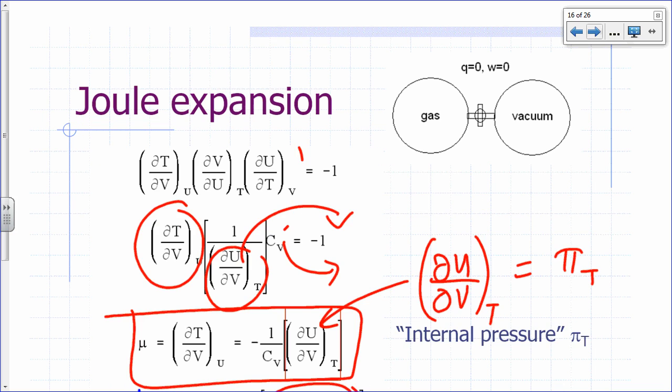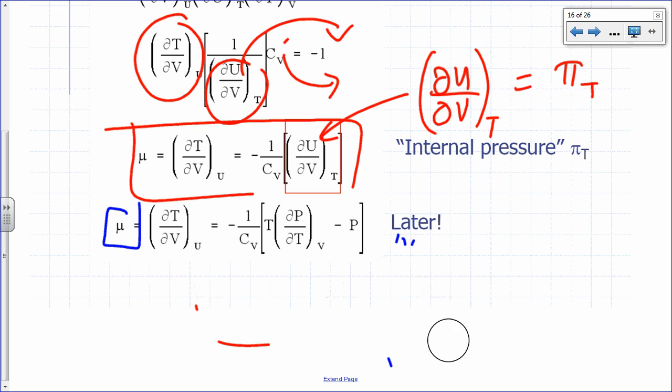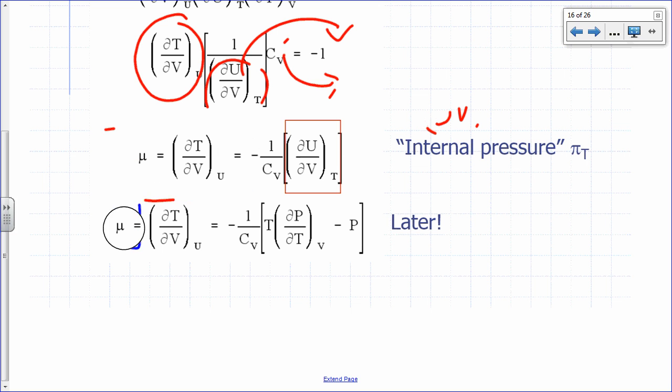But this expression right here, you can actually use to calculate mu for your gas, whether it's ideal or not. So let's calculate mu for an ideal gas and verify that it is in fact equal to 0.